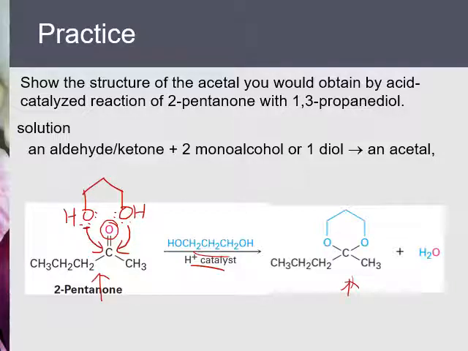Note that here I'm not trying to draw the detailed mechanism. The mechanism involves 7 steps. First oxygen protonates, then attack, then deprotonate, rearrangement, and then second attack. So there are many steps. Here I'm just showing the idea of what's going on to make the product.